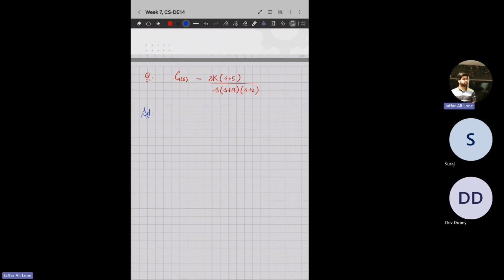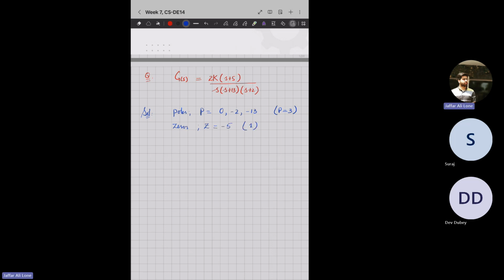So, what are the number of poles? We have 3 poles: 0, -2, and -13. So P is equal to 3. Similarly, zeros, Z equal to -5.